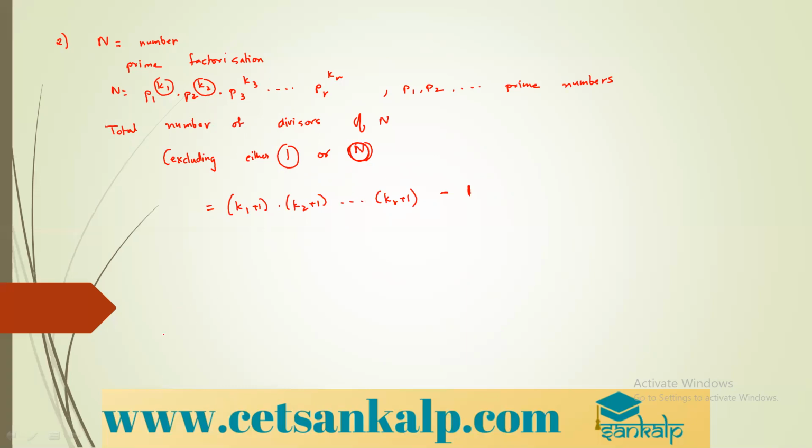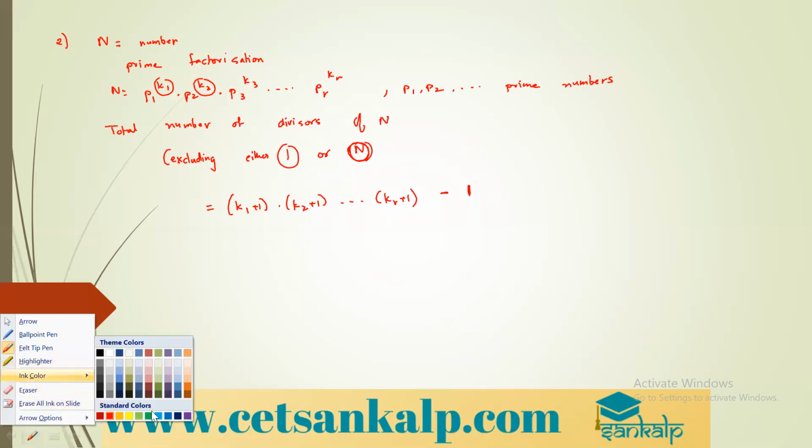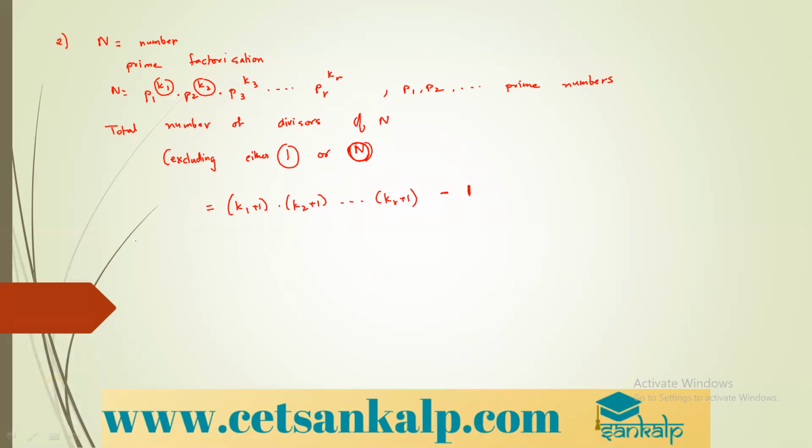For this, again I will give you the example which we took in yesterday's class. I will give you a number, 38,808. So first we have to do the prime factorization. Yesterday we did prime factorization, but you forgot and even I forgot.